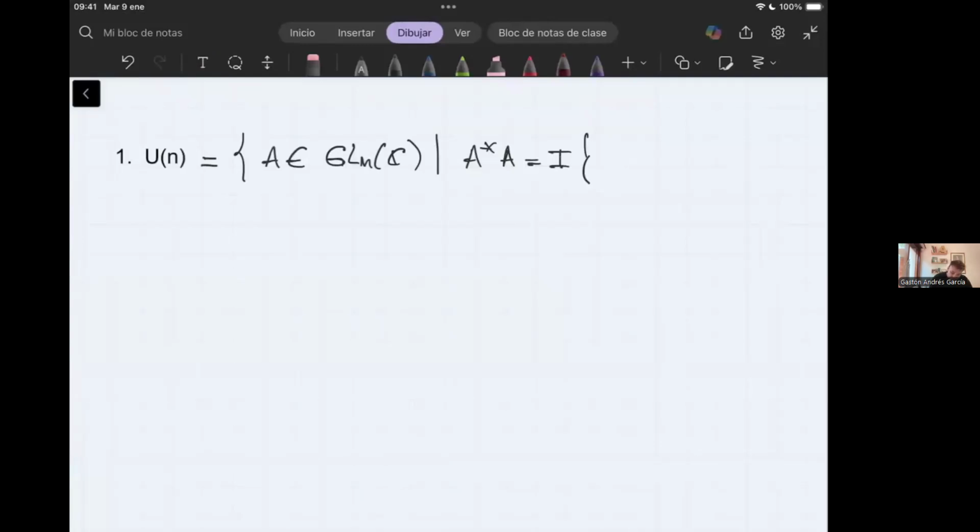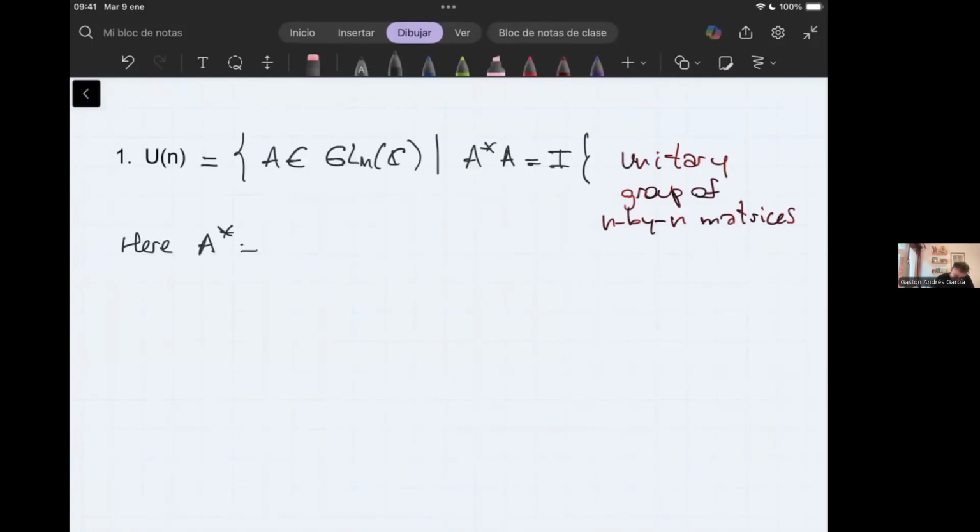This is called the unitary group of n by n matrices. So of course, U1 is exactly U1. Here A star is equal to A conjugated and transposed.